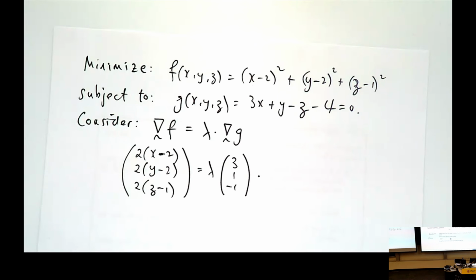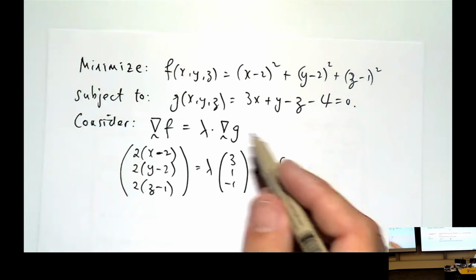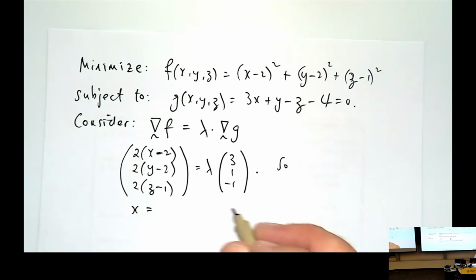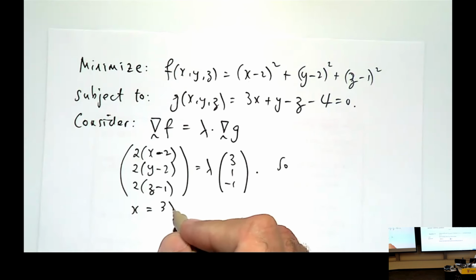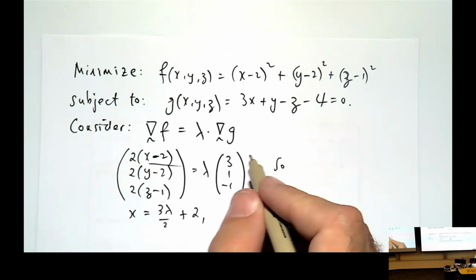Okay. So you can see in each of these things we've got x in terms of lambda, y in terms of lambda, z in terms of lambda. So if I rearrange that, so that's the first line.